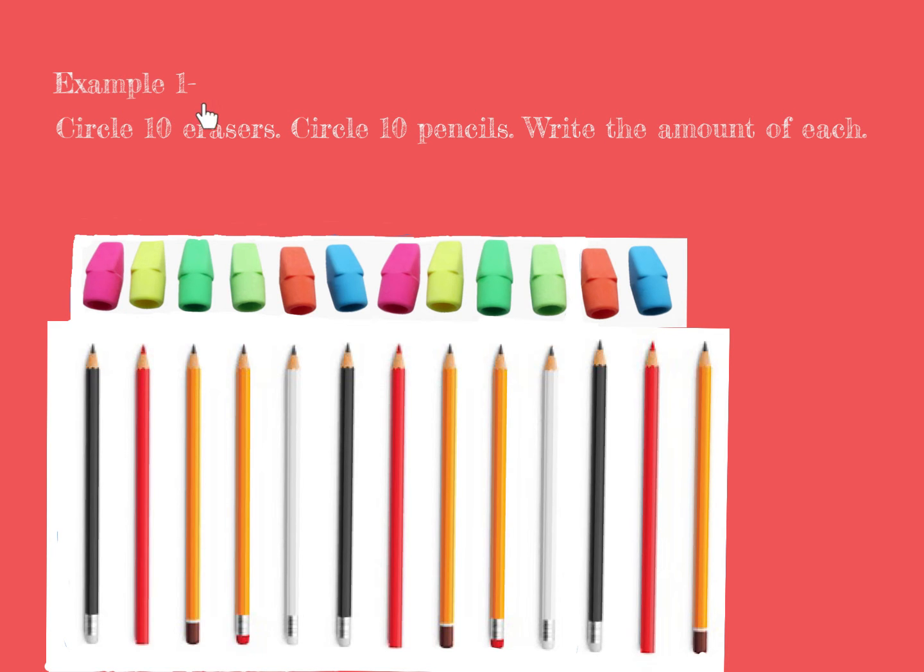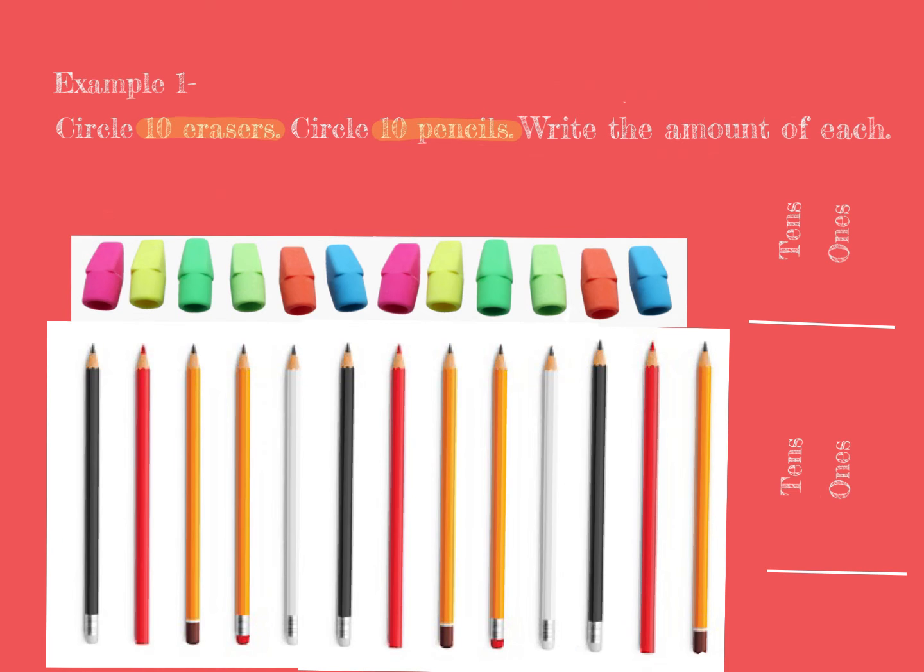In example 1, we need to circle 10 erasers and circle 10 pencils, and then we'll write the amount of each. First, we're going to group together 10 erasers. So 1, 2, 3, 4, 5, 6, 7, 8, 9, 10.